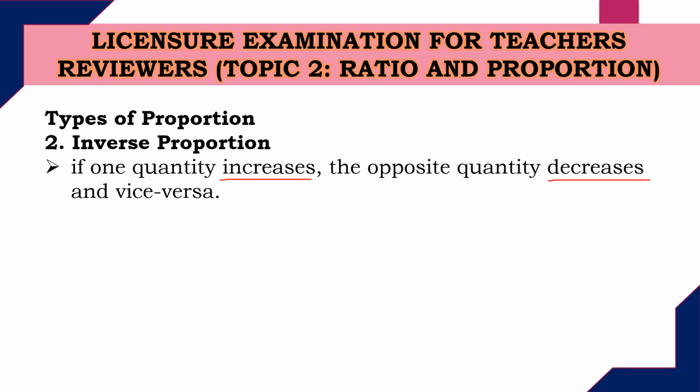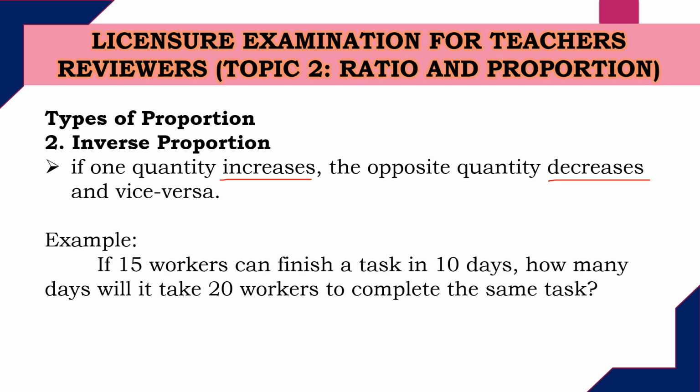For instance, if 15 workers can finish a task in 10 days, how many days will it take 20 workers to complete the same task? Increasing the number of workers will complete the task in fewer days. So this is an example of inverse proportion.